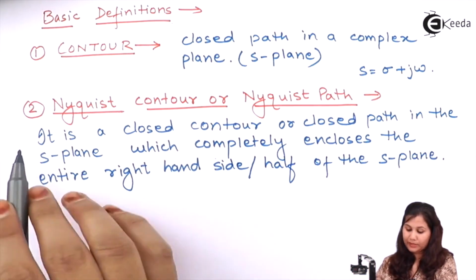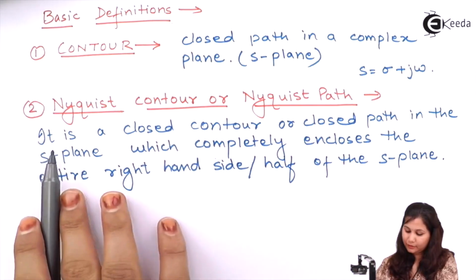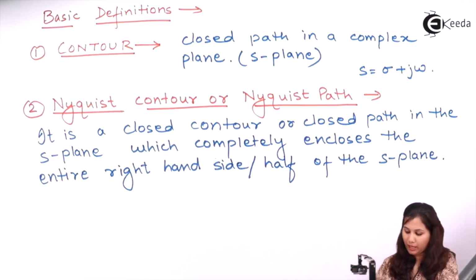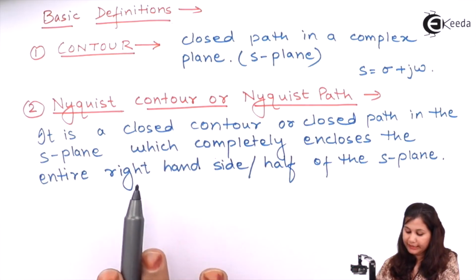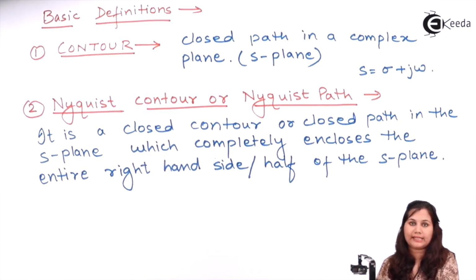Okay, so Nyquist contour or Nyquist path is a closed contour or closed path in the S plane which completely encloses the entire right hand side of the S plane.